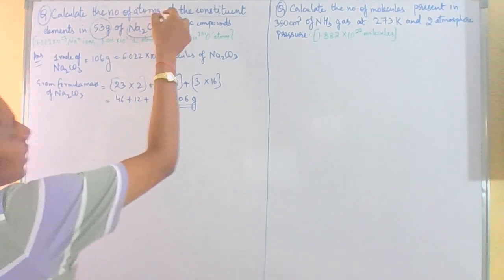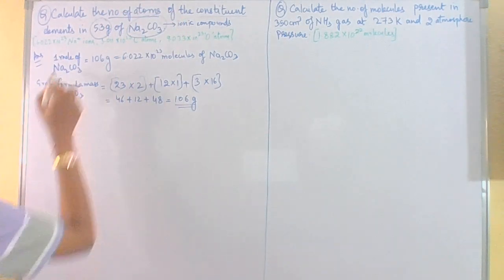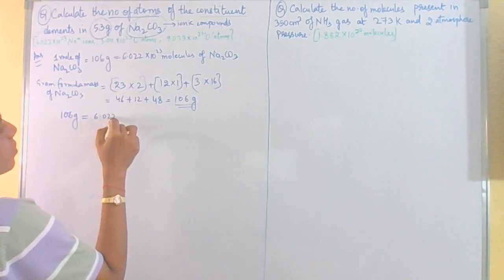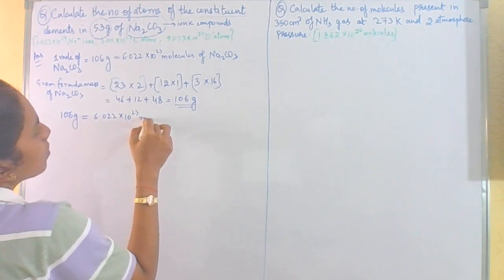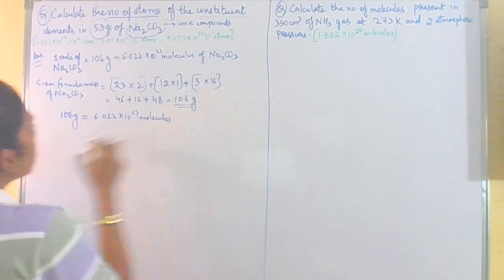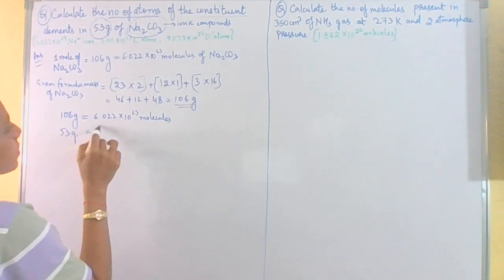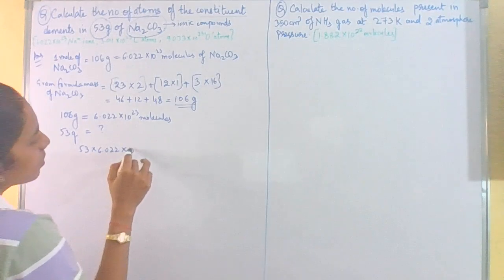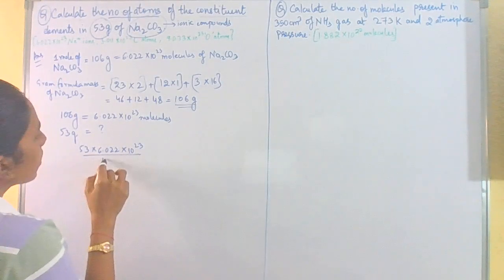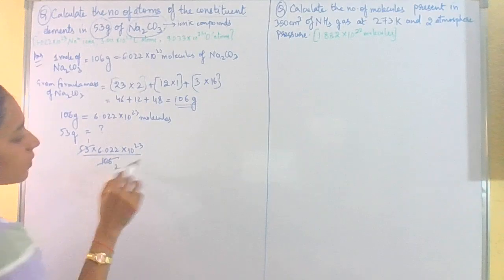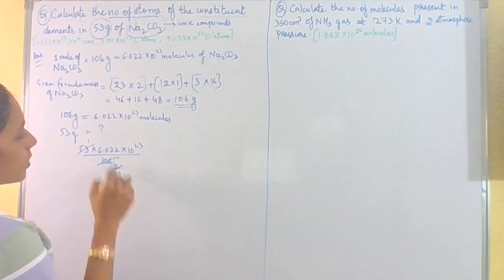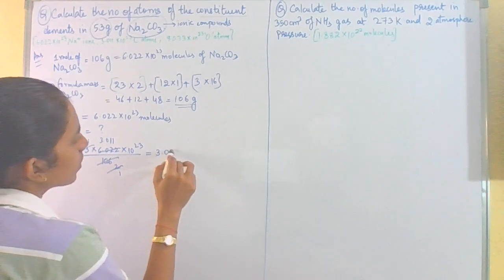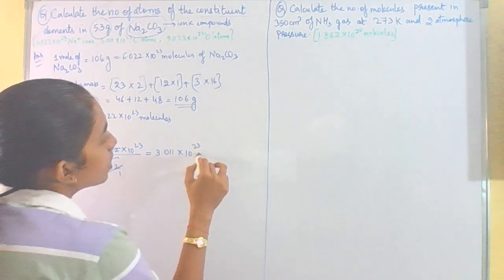The number of atoms present in it: 106 grams contains 6.022 into 10 to the power 23 molecules of Na2CO3. 53 grams contains 53 into 6.022 into 10 to the power 23 by 106, which is equal to 3.011 into 10 to the power 23.